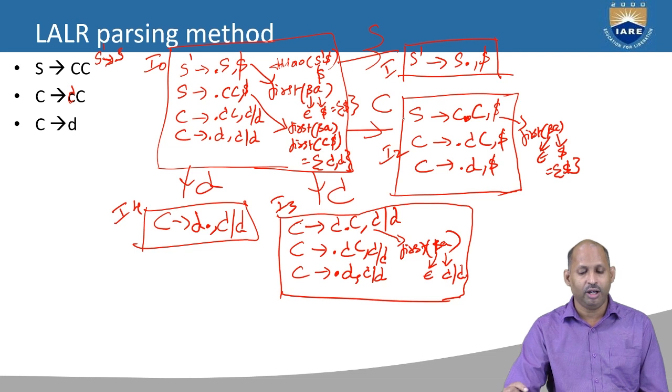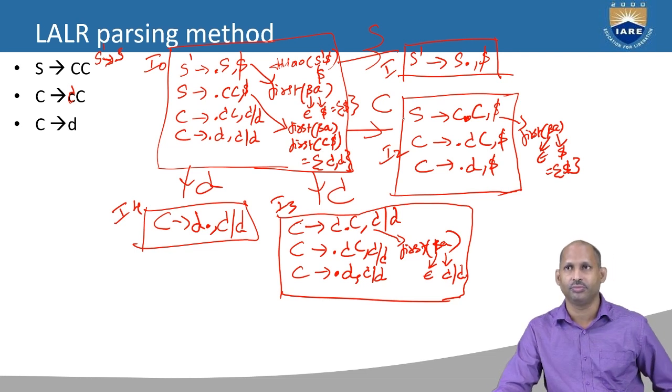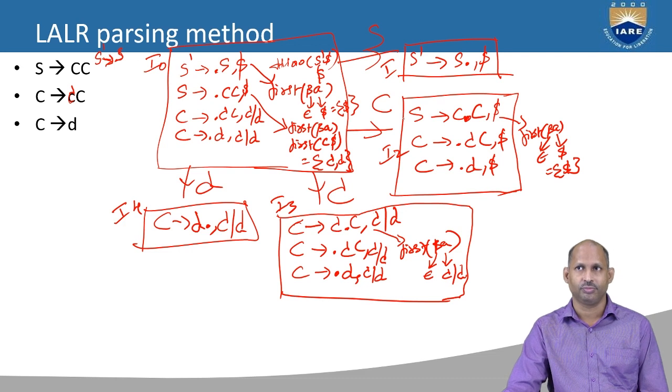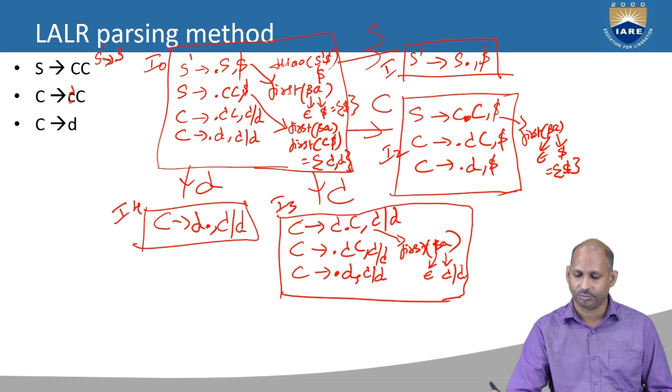Now, on capital C. In I2, there are go to operations on capital C, small c, small d. So, there will be 3 go to operations here.